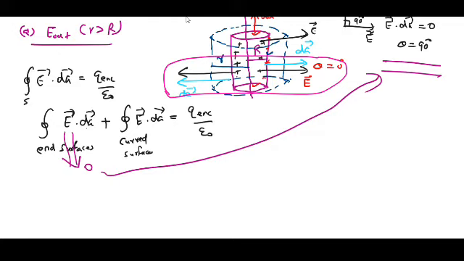So I can write E outside into the integral of dA over the curved surface is equal to Q enclosed divided by epsilon 0.